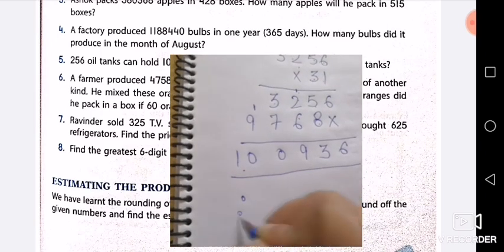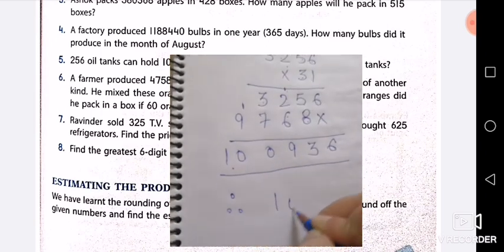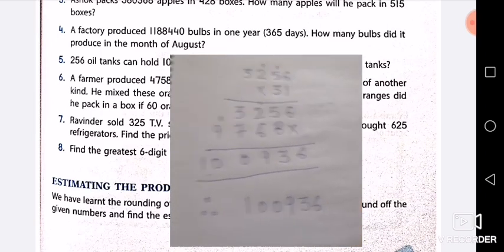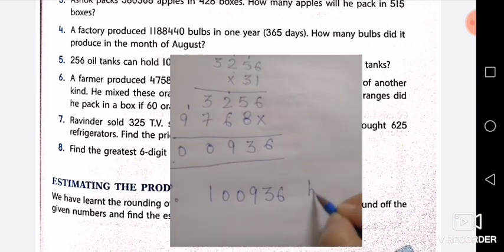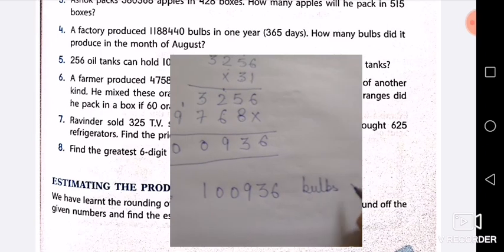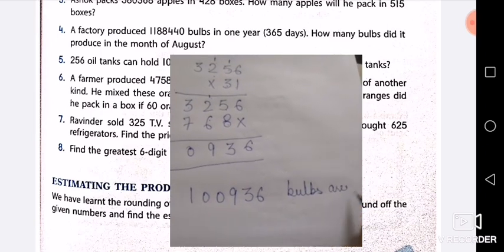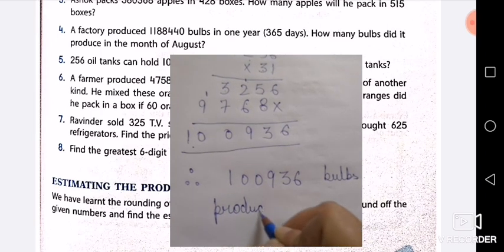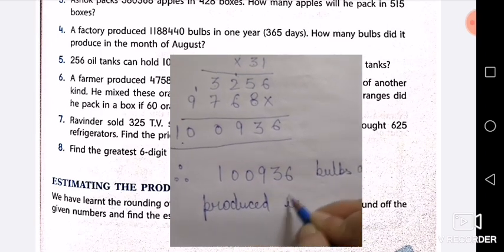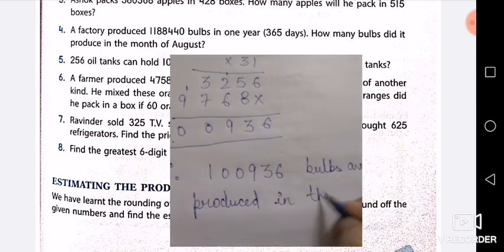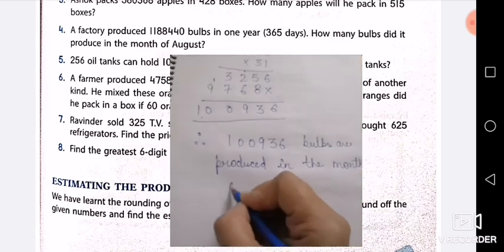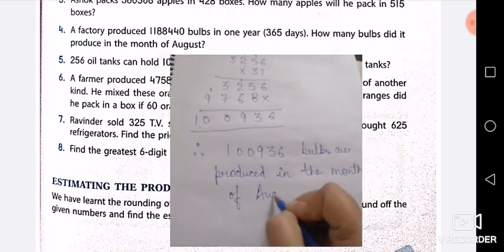So, at last you will write therefore 1,09,336 bulbs are produced in the month of August.